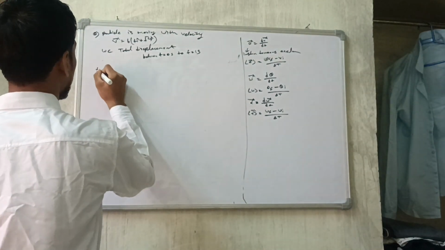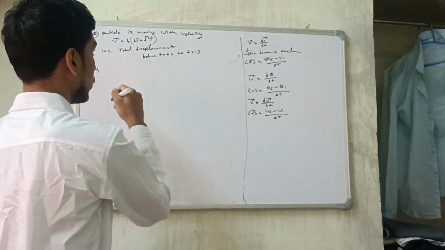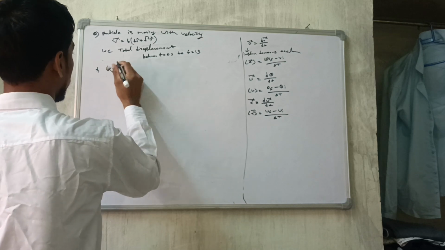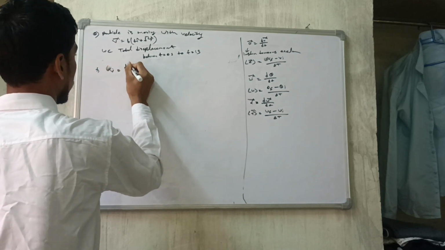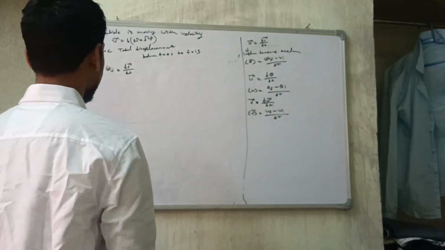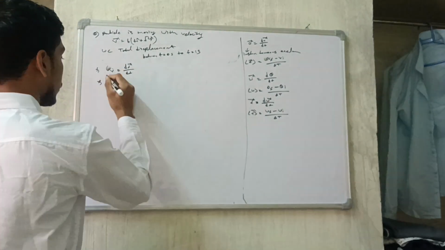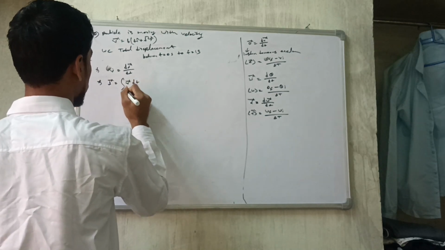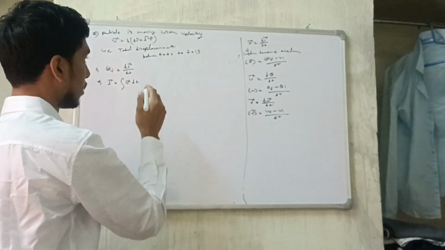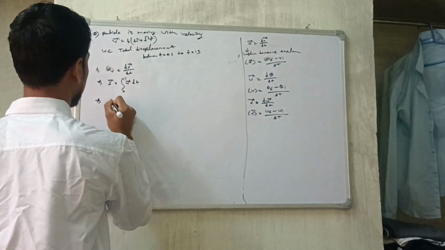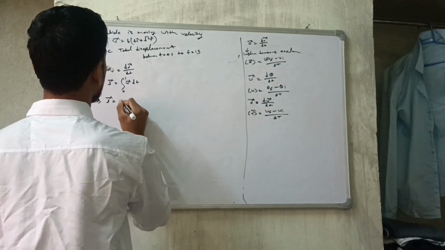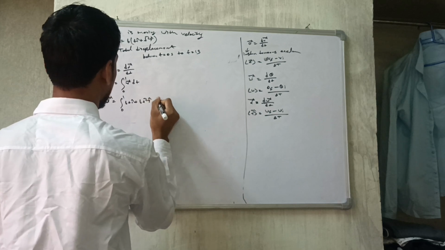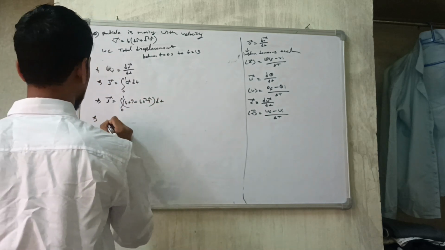Now what is the formula of velocity? It is the rate of change of displacement with respect to time. Then we will integrate over the time range 0 to 1 second: 6t i plus 6t squared j, integrated with respect to dt.